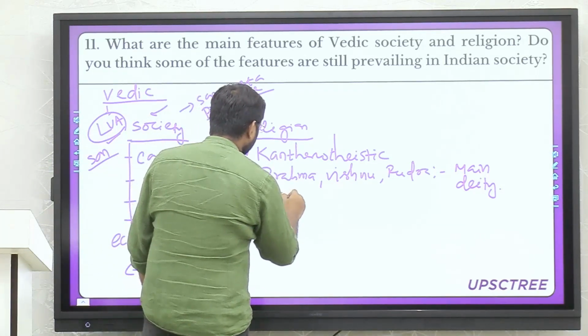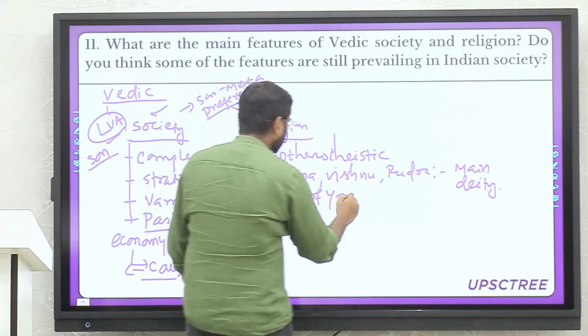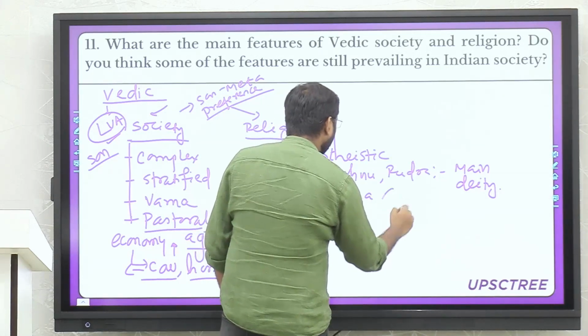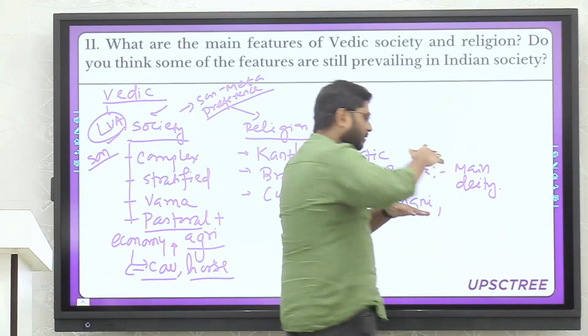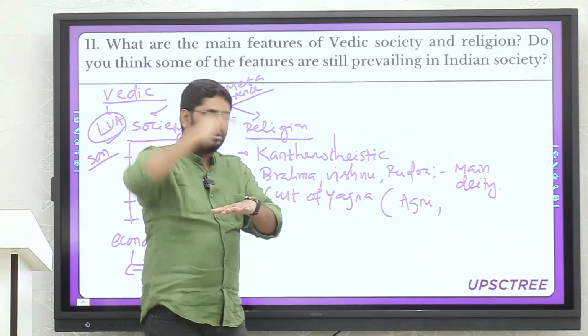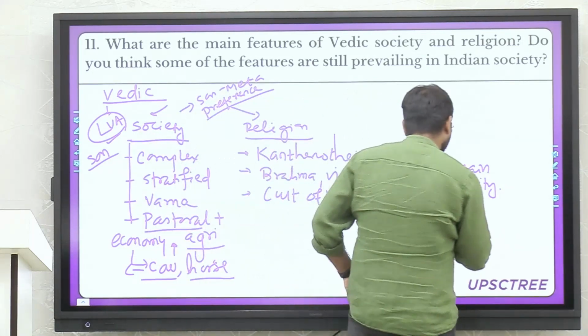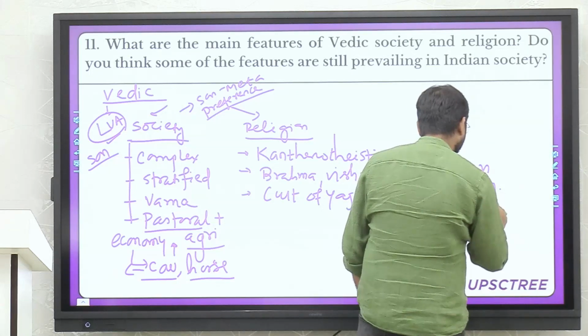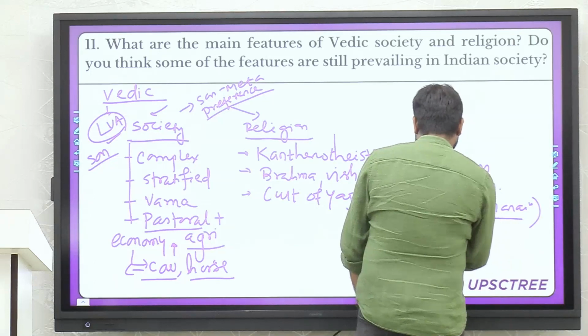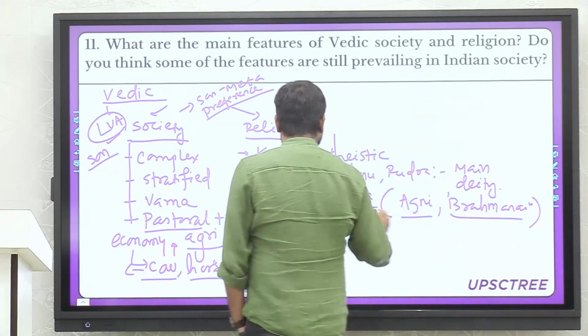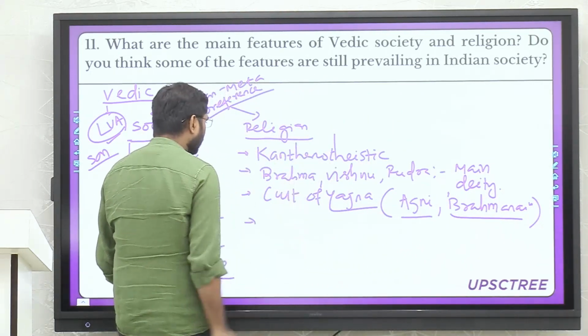This is the religion of the cult of yajna. So in yajna, two intermediaries are there. One is Agni. Agni is the intermediary acting between man and God, and that is done by a priestly class, what we call Brahmanas or priestly class. Things are still continuing.